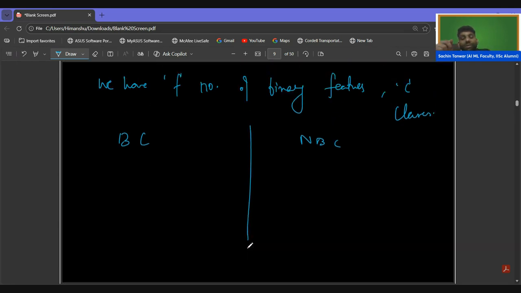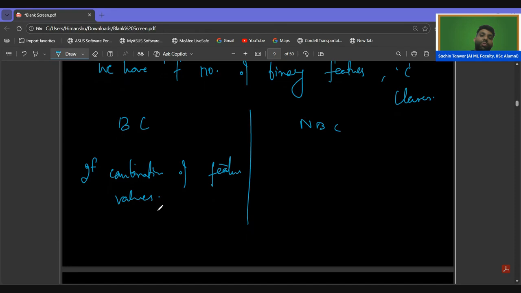Because there are f number of binary features, each one is binary, that means there is a possibility of 2 values for each feature. 2 into 2 into 2, how many times? How many features we have? F. So there would be 2 to the power f combination of feature values.